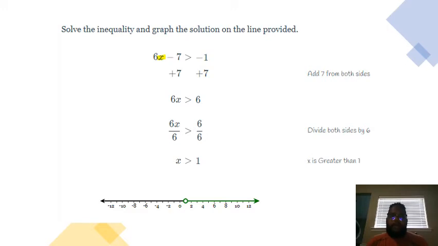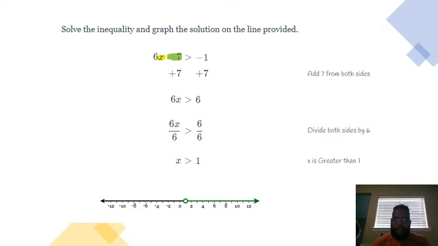So we've located the variable, and if we're going to work from the outside and go in, then the first thing I need to get rid of is this minus 7. How do we get rid of the minus 7? Well, we have to do the opposite. The opposite of minus 7 is plus 7. So we're going to add 7 to both sides. That gives me 6x is greater than 6.